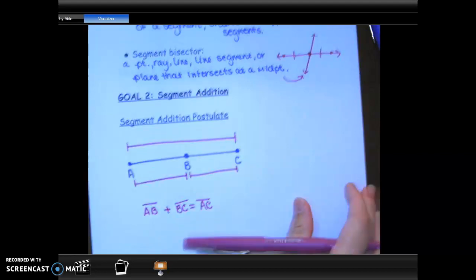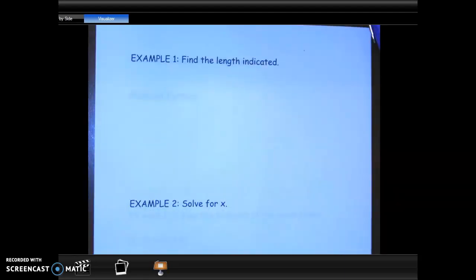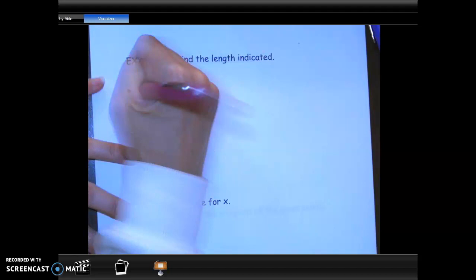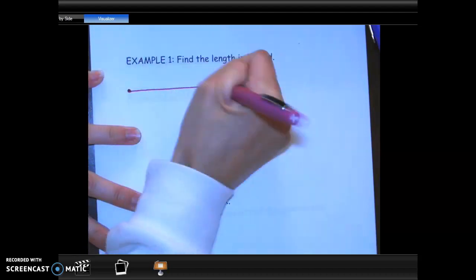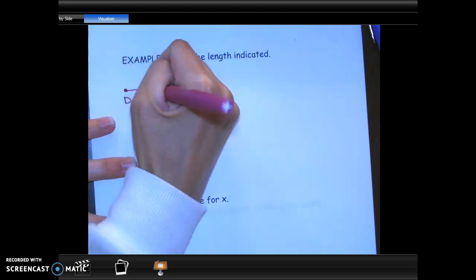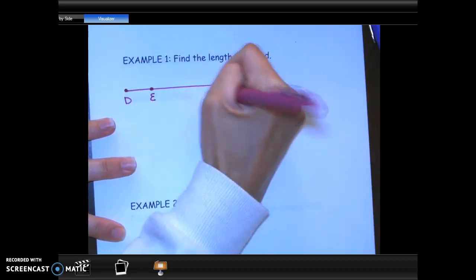Okay? The best way to truly understand that is, of course, by doing an example. So, let's complete an example of using segment addition. Okay. And I will complete one that looks a lot like the homework you have.